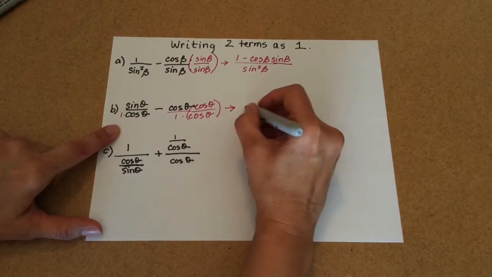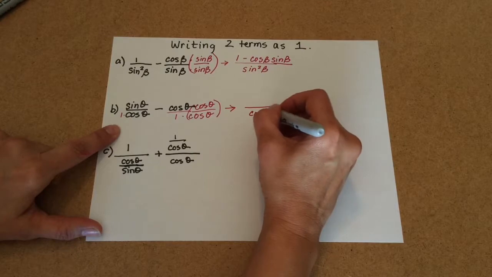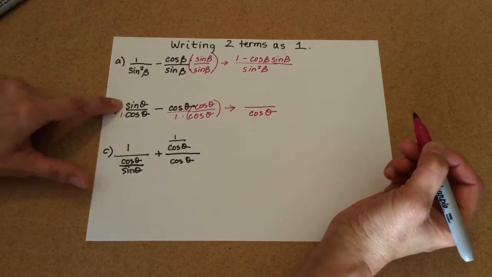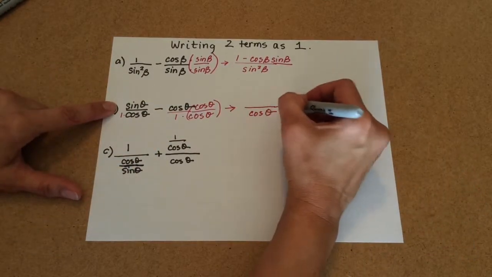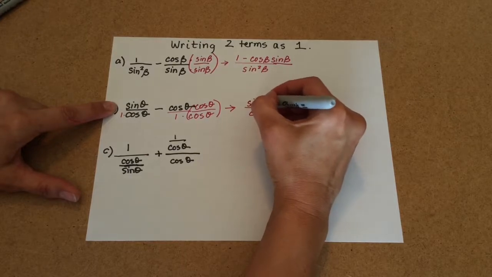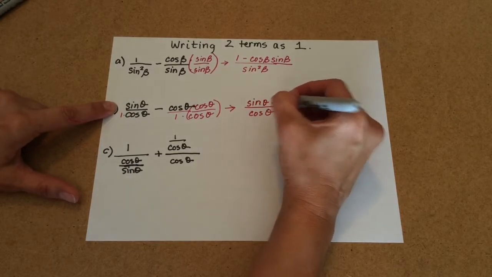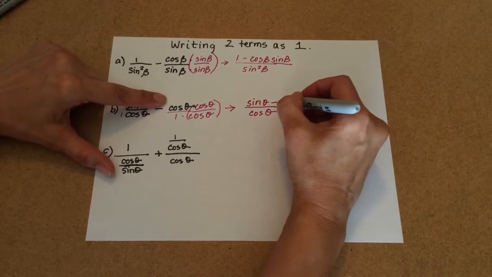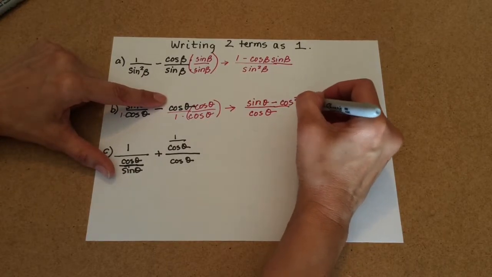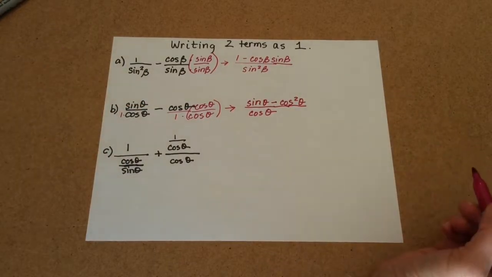Then we can move forward where they have the same denominator, and then simplify and multiply these two terms. And we'll extend that out, and there you go.